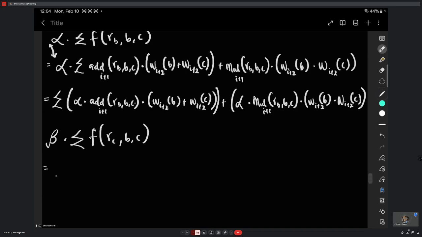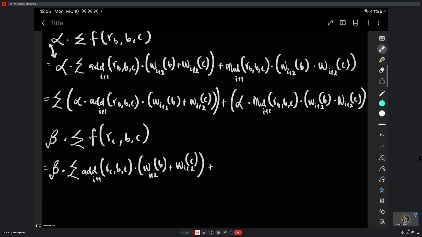Which is add I plus 1 into (rc, bc) times [W(I plus 2) of b plus W(I plus 2) of c], plus mul I plus 1 into (rc, bc) times W(I plus 2) of b times W(I plus 2) of c. Right?